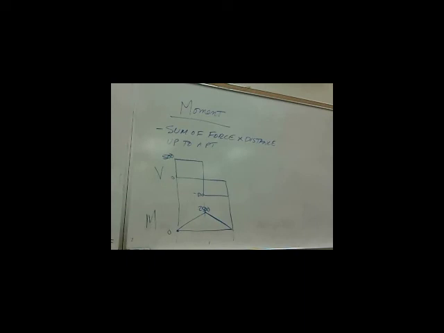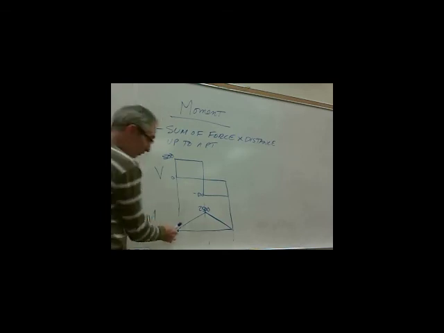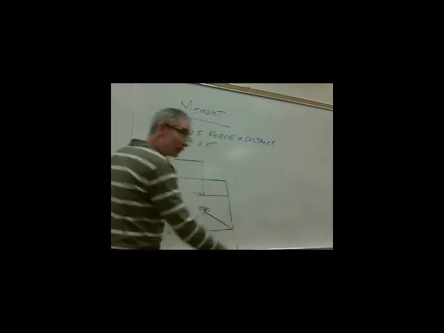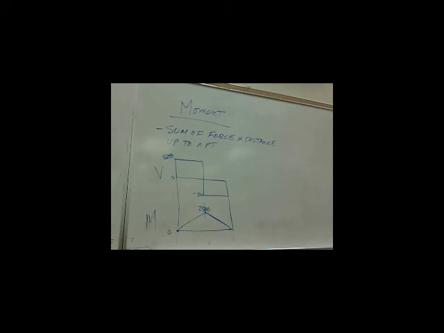Can anybody see the relationship there between the shear diagram and the moment diagram? Well, that's one thing: the moment diagram does start at 0 and does come back to 0. Absolutely. Okay, so that's point number 1. But do you see any other relationship here? Well, think about the moment.